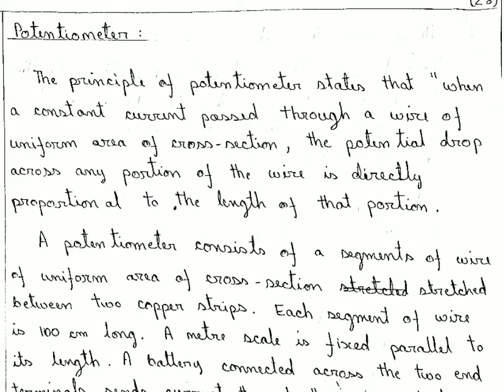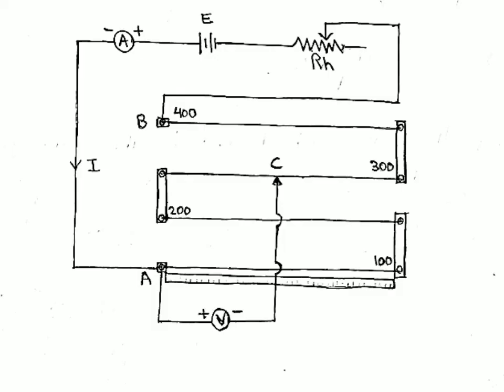So basically here we are making a constant current pass through a wire of uniform area of cross section, and on doing so, the potential drop across any portion of the wire will be directly proportional to the length of that portion. And the potentiometer here consists of segments of wire of uniform area of cross section stretched between two copper strips.